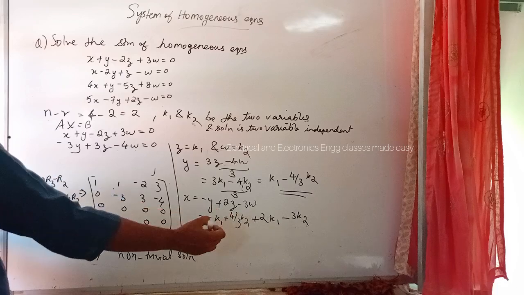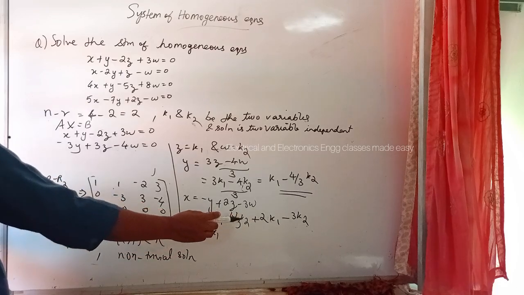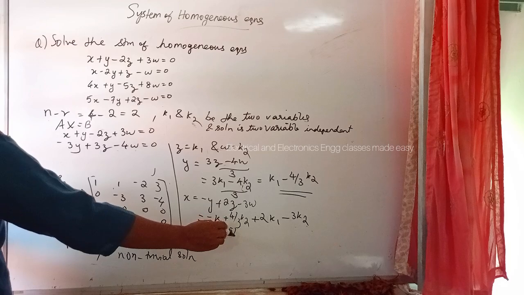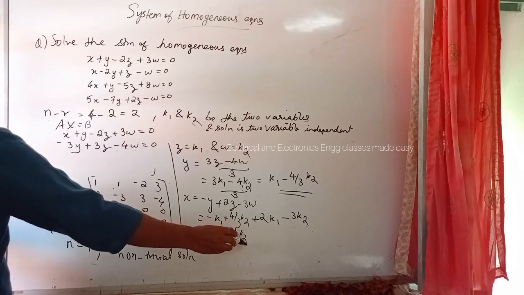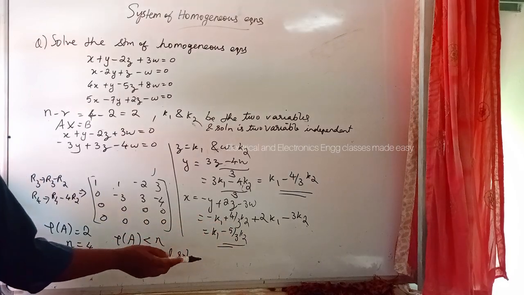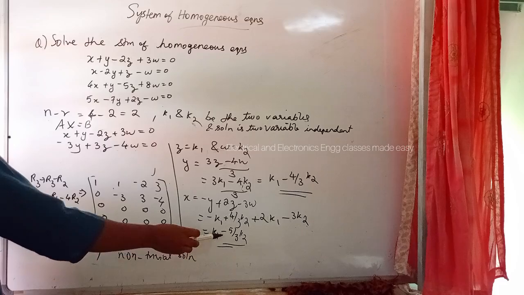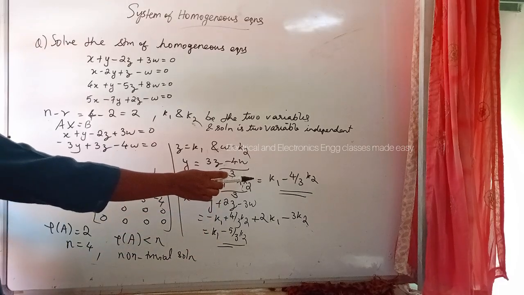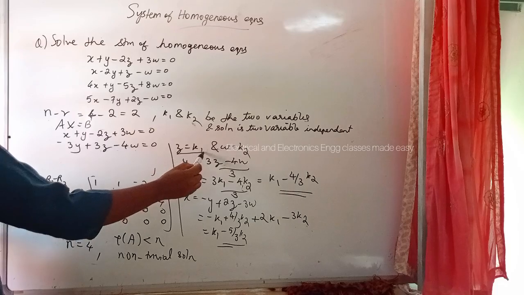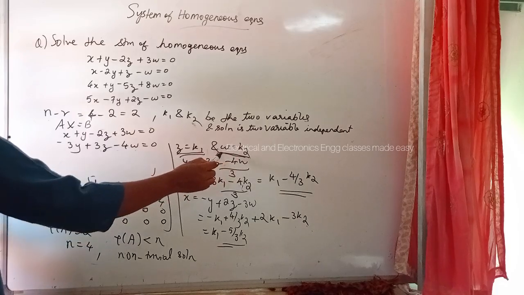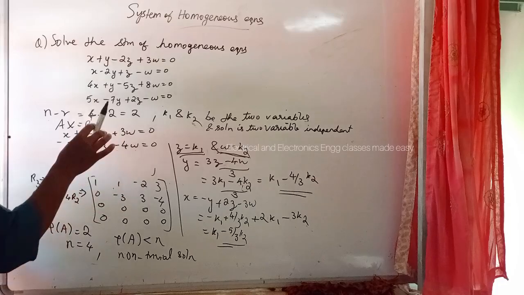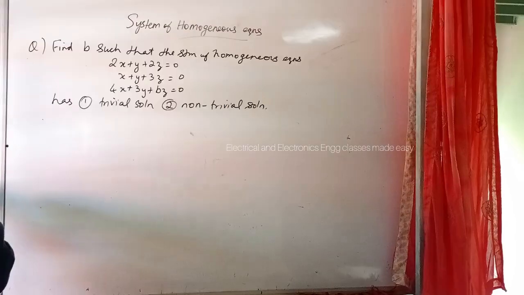So we get k1 − (5/3)k2. So x = k1 − (5/3)k2, y = k1 − (4/3)k2, z = k1 and w = k2. So this is the solution of these equations.